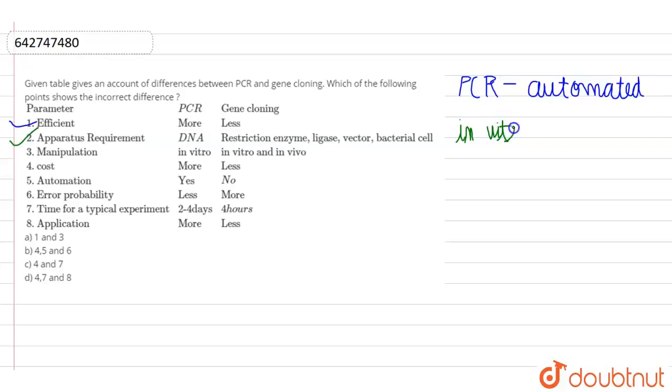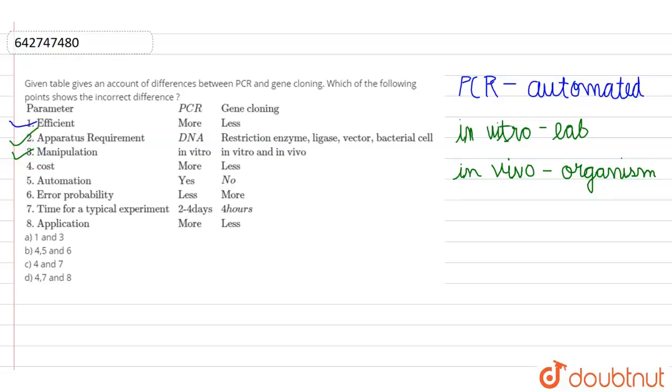So PCR can be manipulated only in lab conditions, whereas gene cloning is a natural process which occurs inside an organism. So it can be manipulated in lab as well as inside an organism, that means in vivo. In vivo means inside an organism. So this point of difference is also correct.